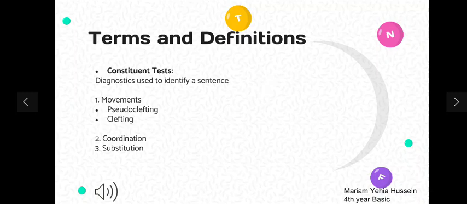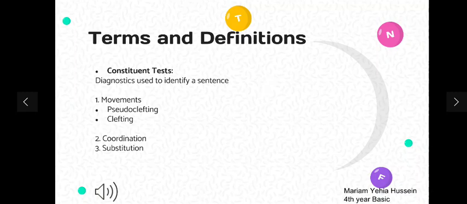Let's see what a constituent test is. Constituent tests are diagnostics used by linguists to identify a constituent of a sentence.